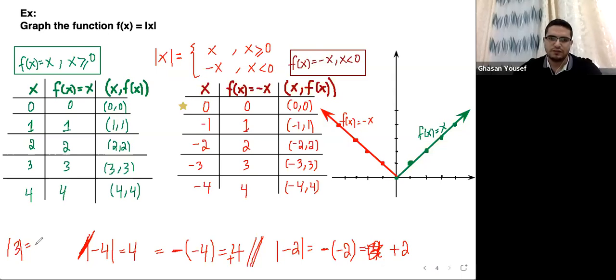So the absolute value of 3 is 3 without doing anything. Same thing for the absolute value of 2. The 2 is greater than 0, so I have to use the first domain. So I put the number exactly the same without doing anything. It's 2. Okay? This is the absolute value.